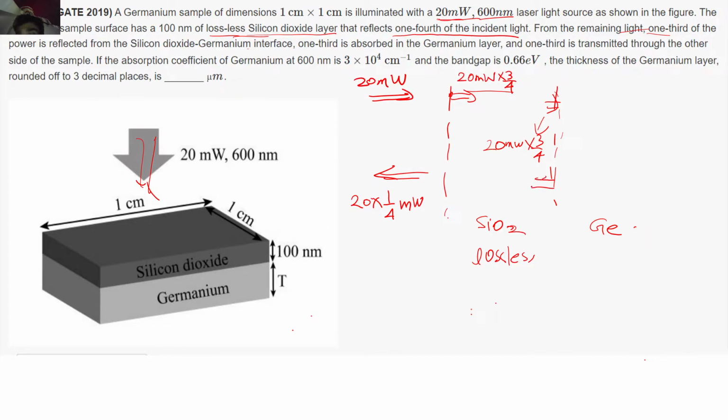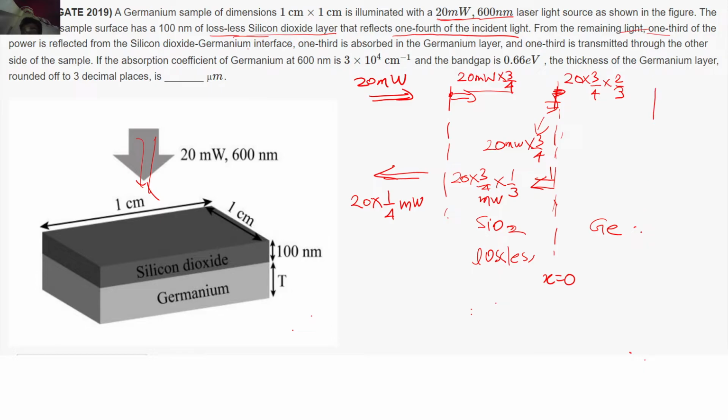Of this power, 1/3 is going away. See, this 1/3 power went away. So the effective transmission from the interface into the germanium is 20 into 3 by 4, with 1/3 reflected, so 2/3 must have passed the interface, right? So this is the power that I have at x equal to 0 of the germanium.